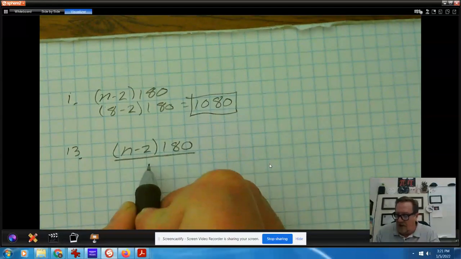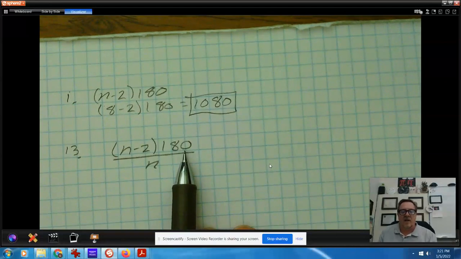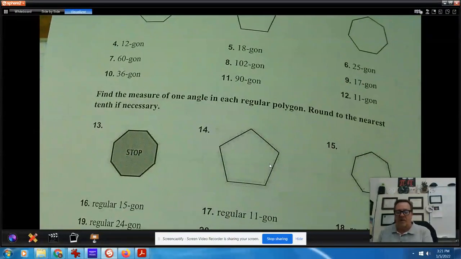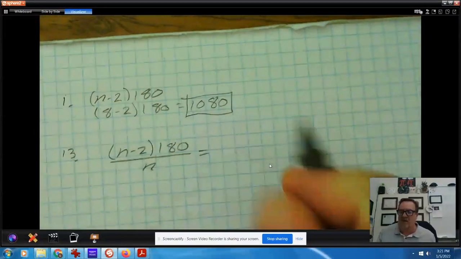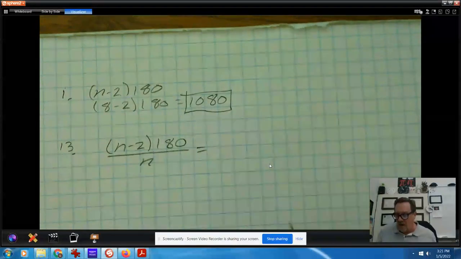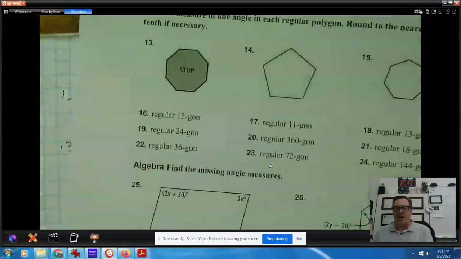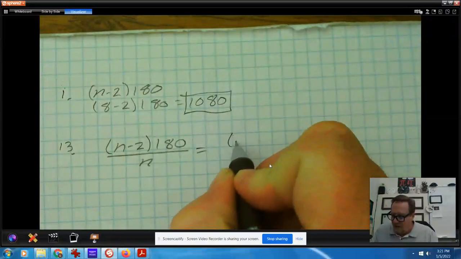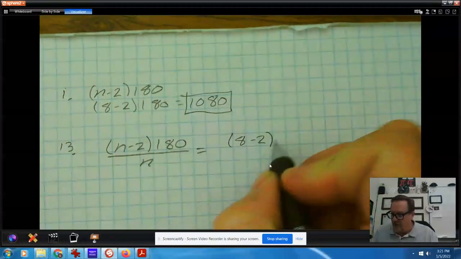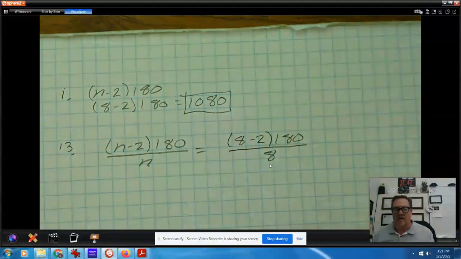This time we're going to divide by n because the top of this fraction is going to give us what the sum of the angle measures would be if I added all those together. And when I divide it by how many they are, that'll tell us how much each one would be. And since this again is an octagon, an 8-sided figure, we're going to do 8 minus 2 times 180 divided by 8.